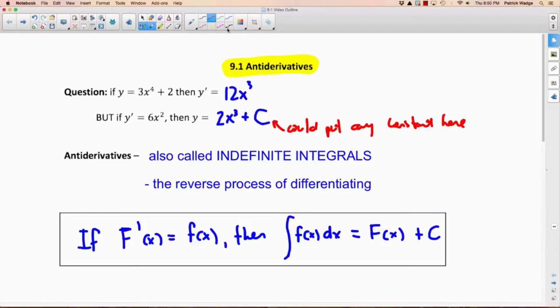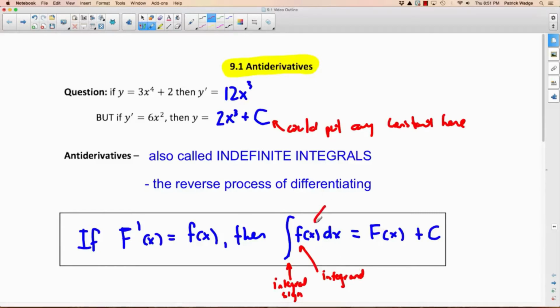What's this all about? Okay, this big S looking thing is called the integral sign. This alerts you to the fact that you're going to take an integral, you're going to take an antiderivative. The f is the integrand. It's like the function that you're taking the integral of.